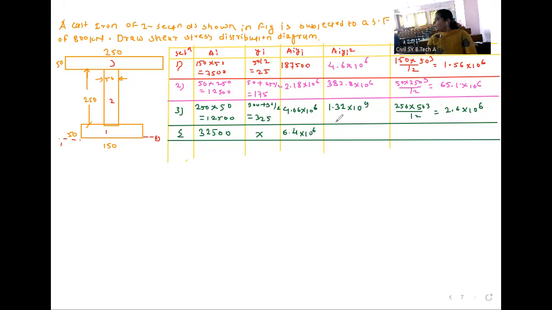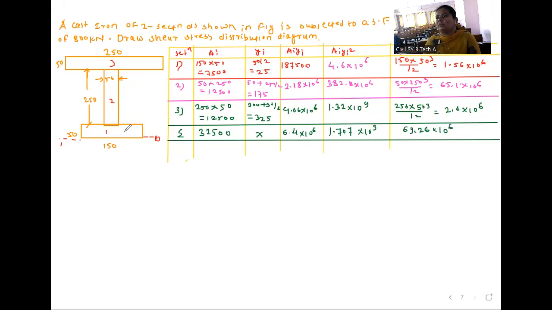So you do calculations properly and tell me. ai yi square, 1.707 into 10 raised to 9, and then summation of I self, 69.1 into 10 raised to 6.